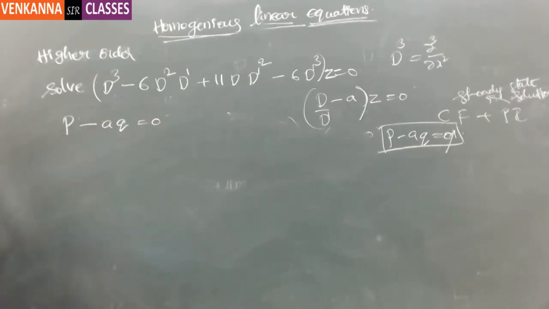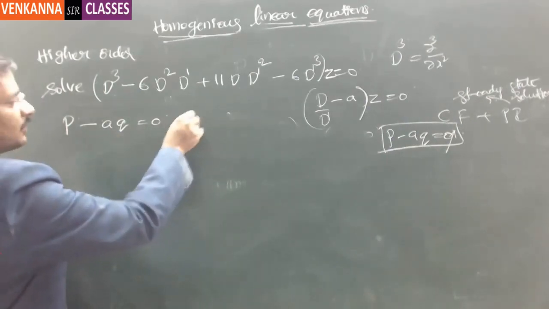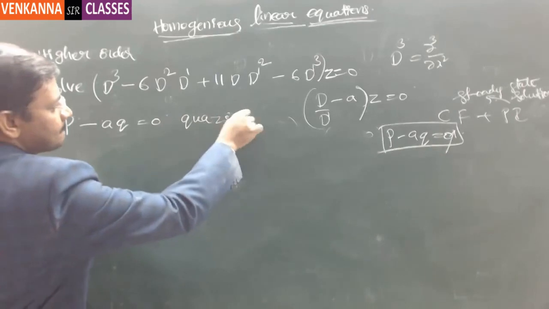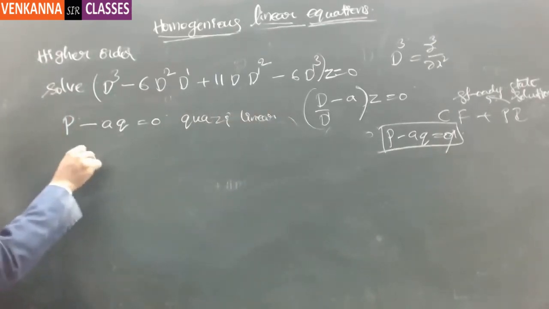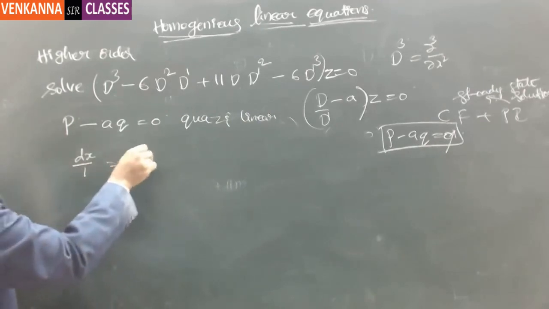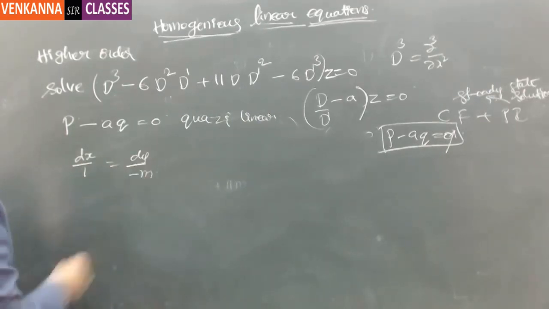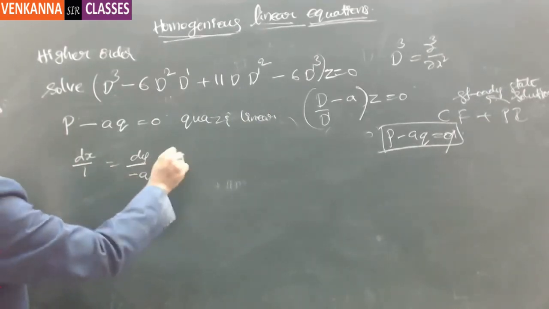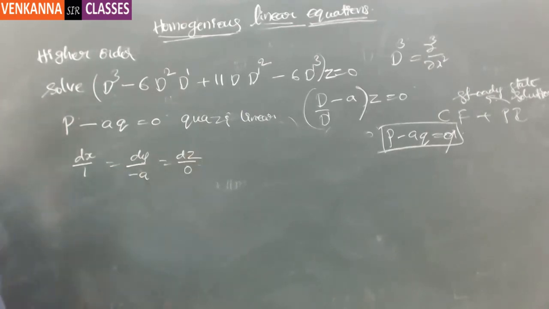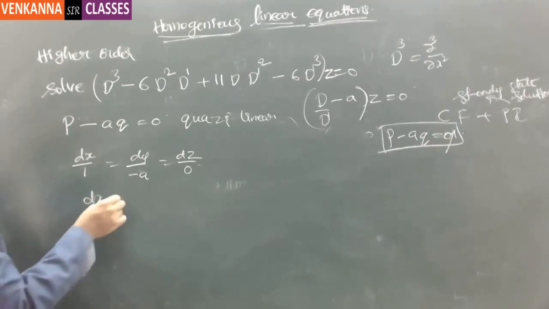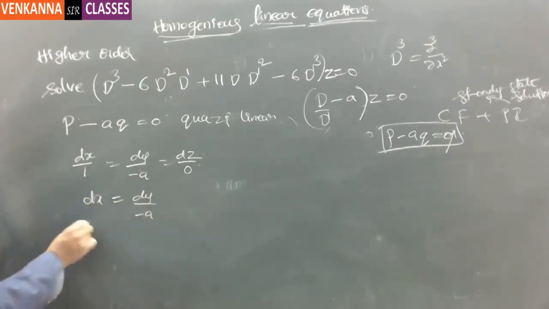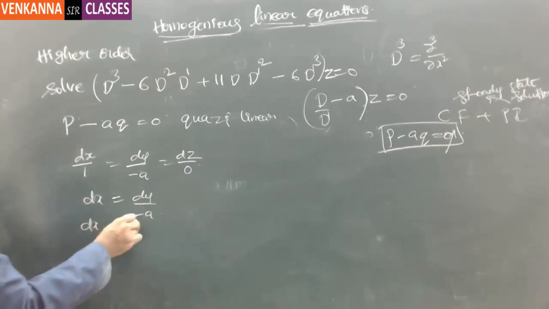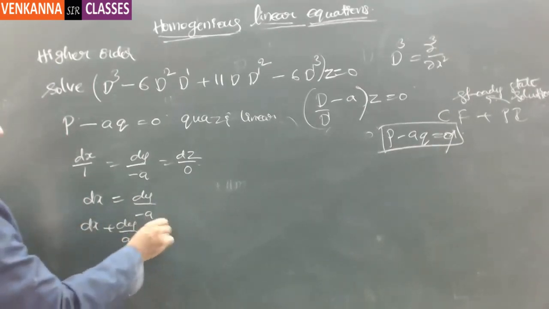Now this is a quasi-linear equation. So for this quasi-linear equation, dx by 1 is equal to dy by minus a equal to dz by 0. If you take these two, then dx equal to dy by minus a, or dx plus dy by a equal to 0.